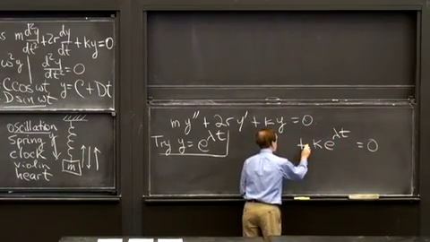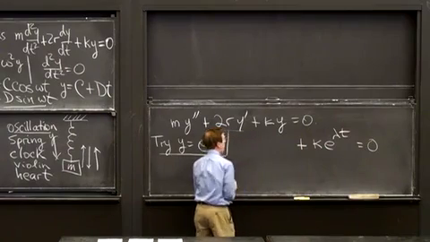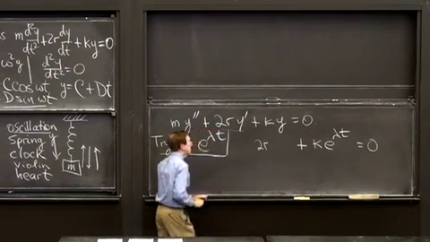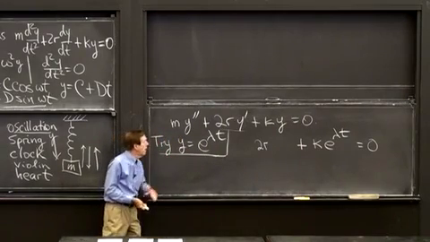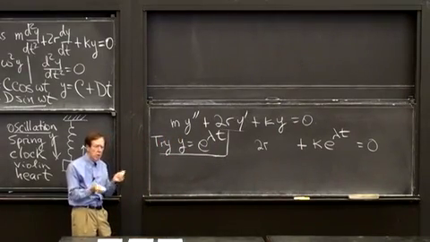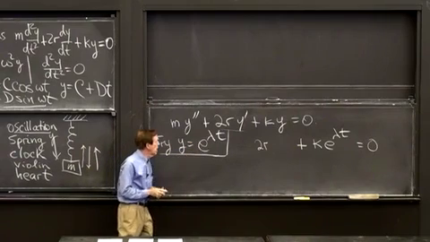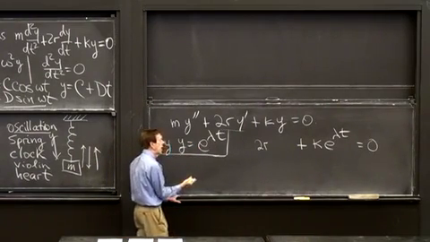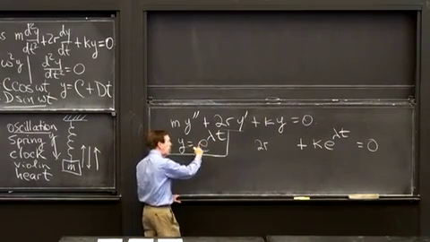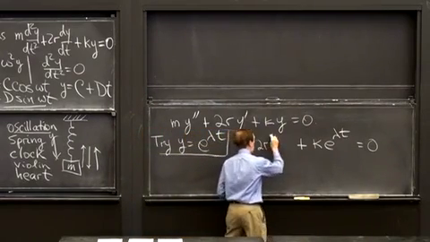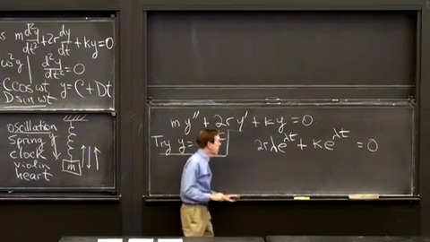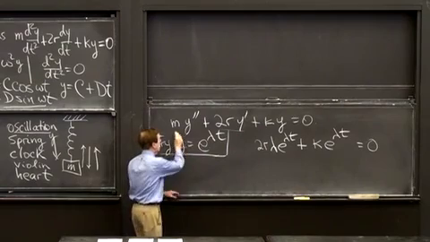And now let me back up to the first derivative. So that's 2r times the derivative of y. We know that the derivative brings down a lambda. Lambda e to the lambda t, right? That's the derivative.